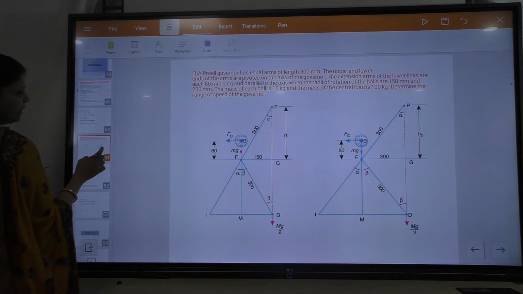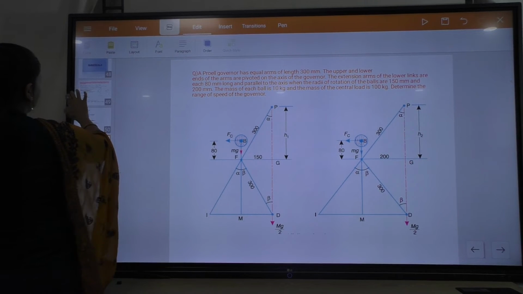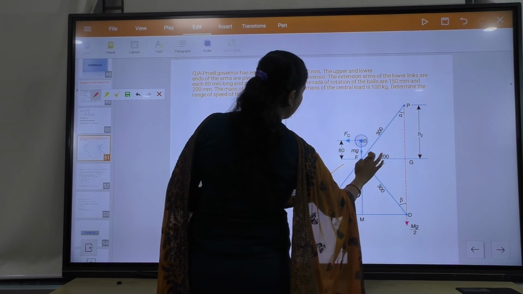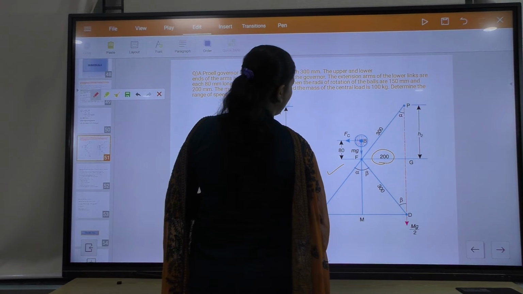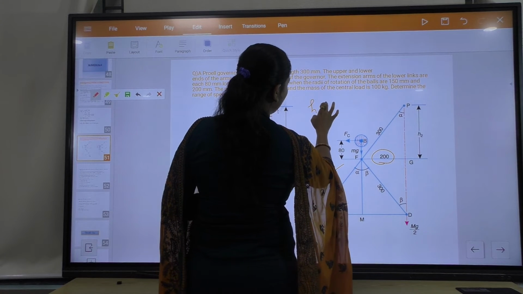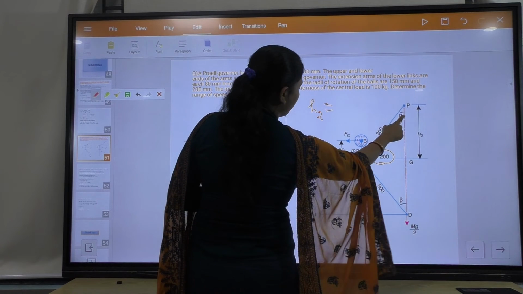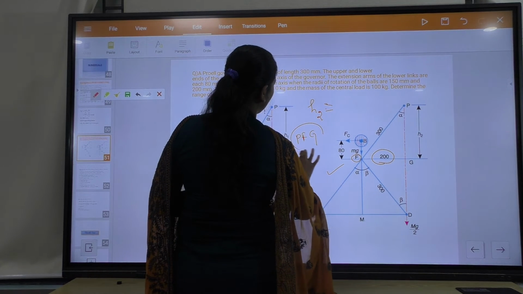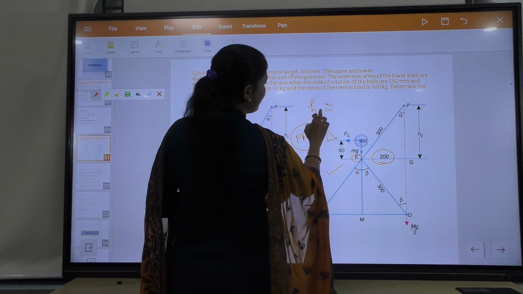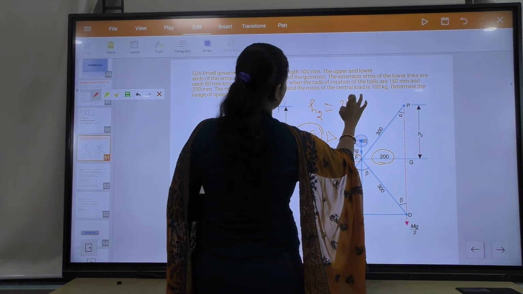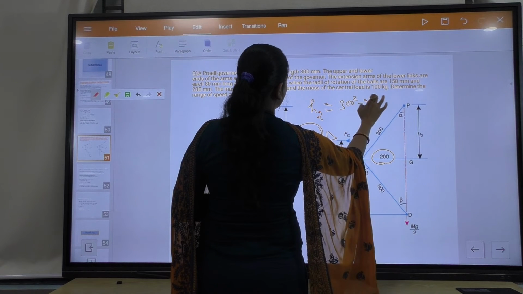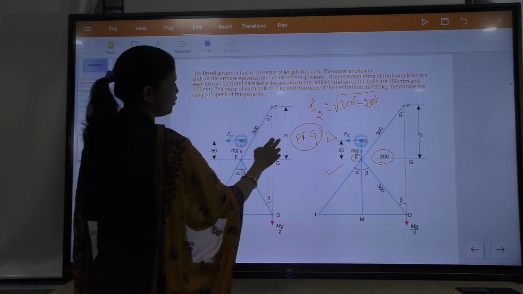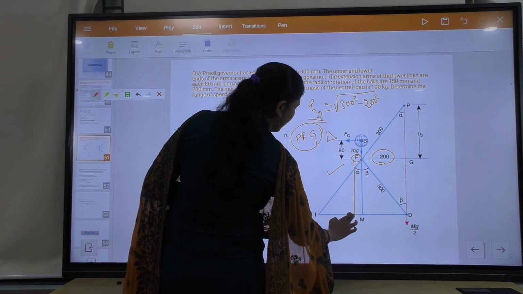So see the diagram again. Here this is our maximum position, that means radius of rotation is maximum 200 mm. So here we can find out the value of H2, this point is F. So the PFG triangle is also a right angle triangle. So H2 will be equal to under root 300 square minus 200 square. And this value of H2 will also be equal to this Fm.